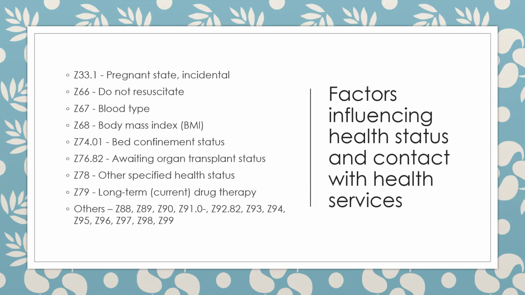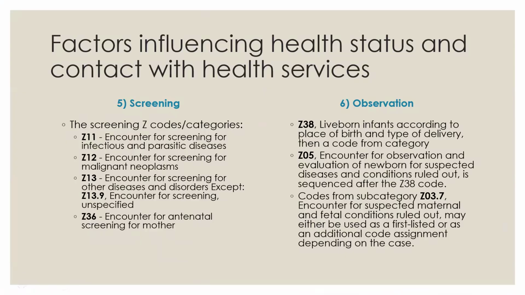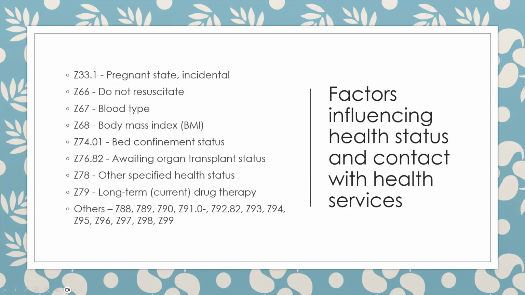Z66 for do not resuscitate. So, this is a diagnosis code that should be used when the decision to DNR is made. If the discussion happens within the note, you can assign Z66 for do not resuscitate. Z67 is when documenting the blood type. Z68 codes are for body mass index, and these are based on the BMI of the patient.